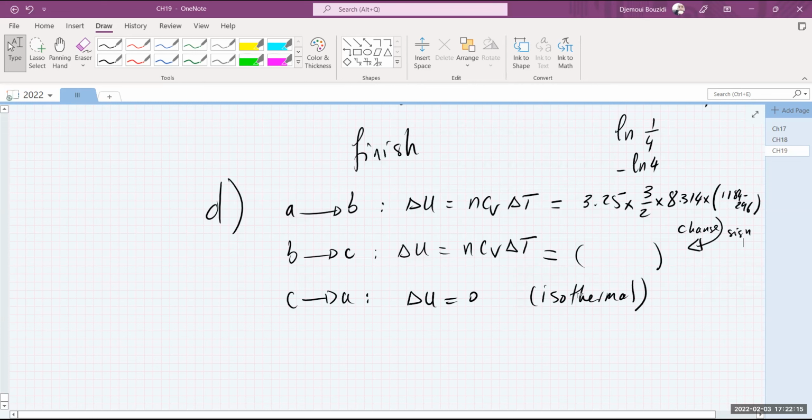So you'll get 2 points guaranteed. Then if you pay attention to these expressions, you only have to do one calculation and then flip the sign, because these two expressions are identical, with the exception that the delta T changes sign for these two processes. Make sense? Yes. Finish this part, too.